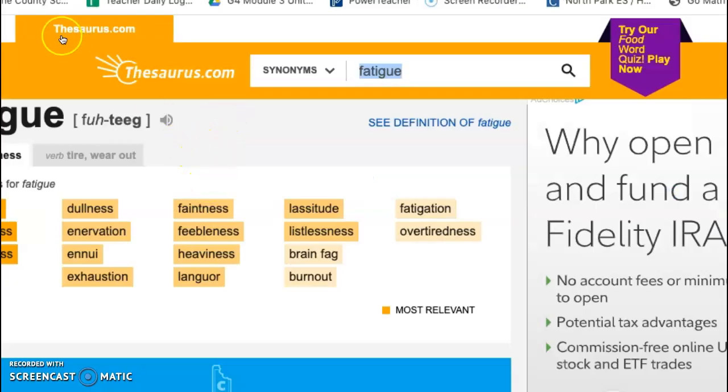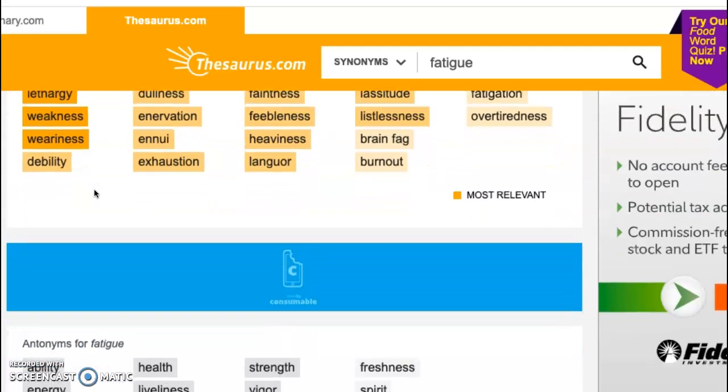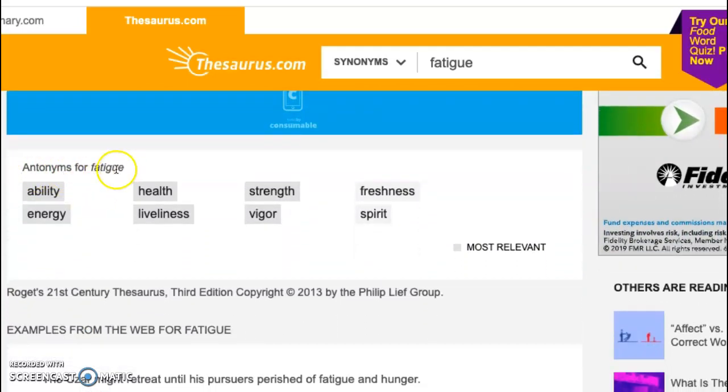Okay, I'm back at thesaurus.com, and you'll notice that we're right here where it says synonyms for fatigue, and I'm going to scroll down and see if there's antonyms for fatigue. Aha! Right here. Antonyms for fatigue: ability, energy, health, liveliness, strength, vigor, freshness, spirit.